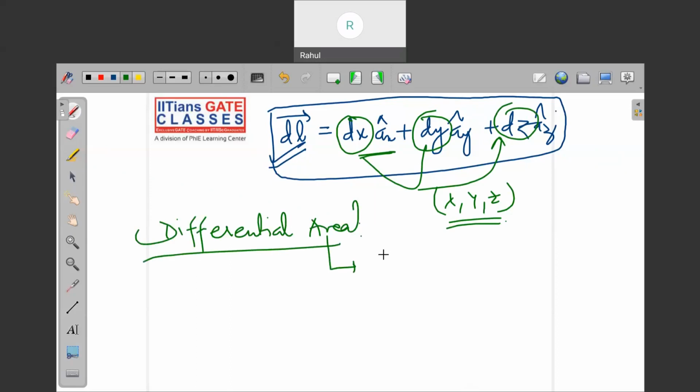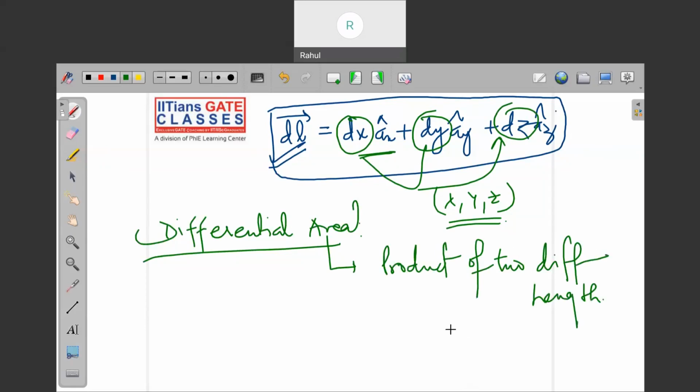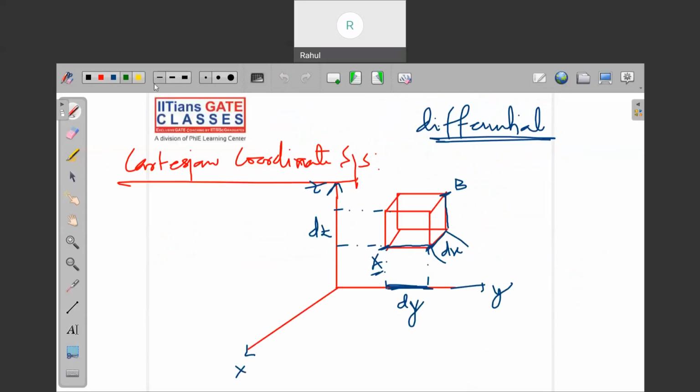Area is basically the product of two lengths, right? The product of two differential lengths, because we are talking about differential area, so we need to have the product of two lengths. So suppose we consider this part of the cube, the front face. What is going to be the area of this? This is going to be our open surface. Any surface has an area.